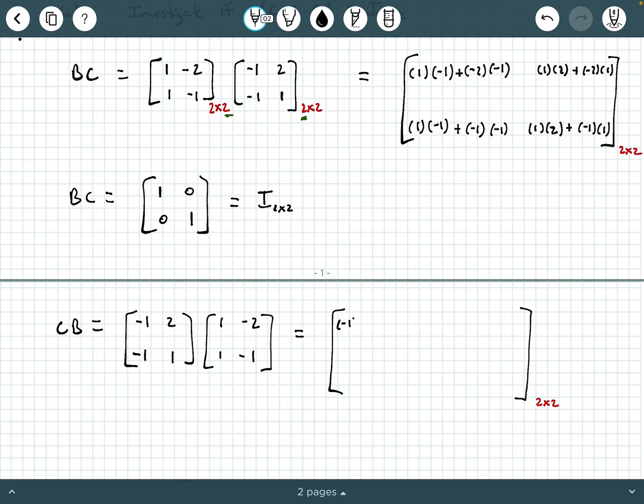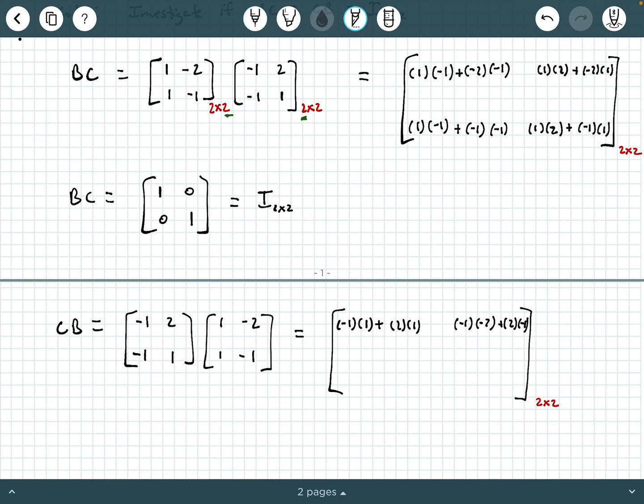So we're going to have -1 times 1 plus 2 times 1. Let me write that a little better for us. Then we're going to say row 1 times column 2. That's going to be our next entry here. -1 times -2 plus 2 times -1.